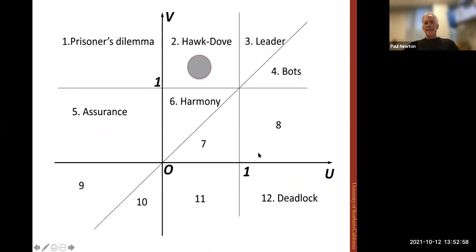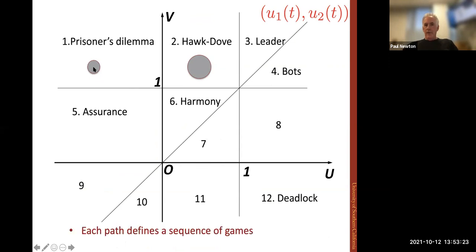All right, so that takes us to this 2x2 diagram, which are the entries of the off-diagonal elements of the payoff matrix. And in principle, we always start out in this example with hawk-dove. But with time-dependent controllers, that means that we can go along some path in the plane and we end up over here.